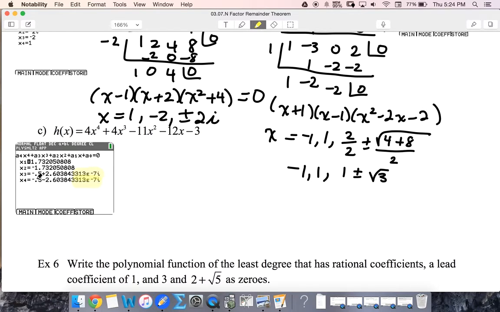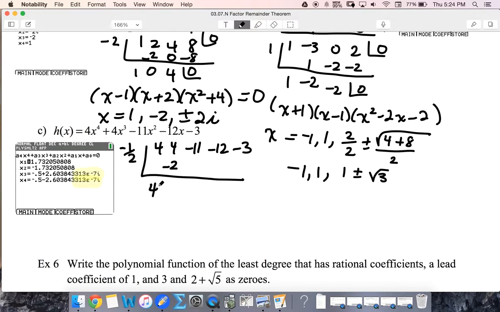So let's try and put negative a half into our synthetic division. Negative a half: 4, negative 11, negative 12, negative 3, 4, negative 2, 2, negative 1, negative 12, positive 6, negative 6, positive 3.